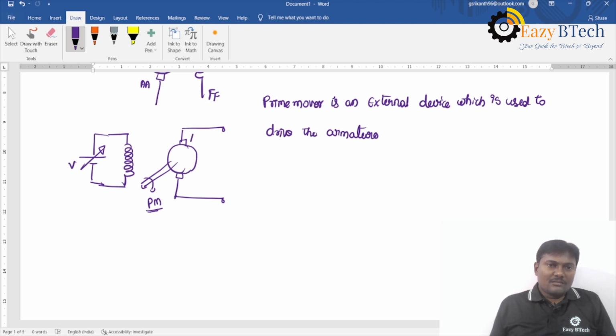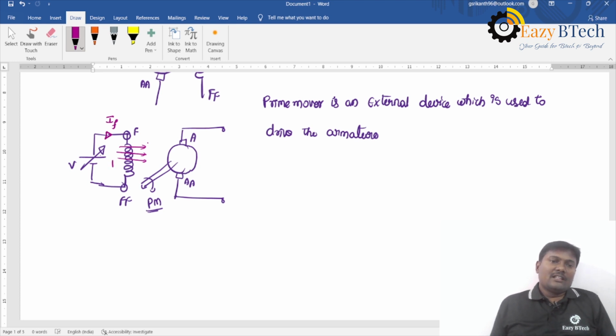So the armature terminals are represented with A and AA. The field winding is represented with F and FF. When the field winding is excited with an external source, it will produce a magnetic field by drawing a current of IF.